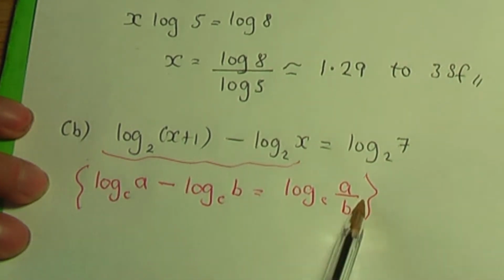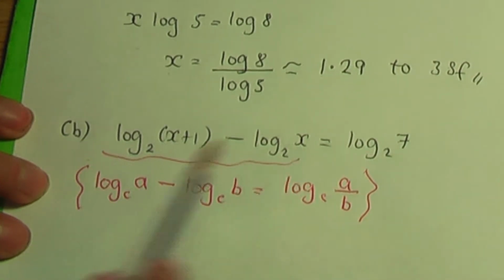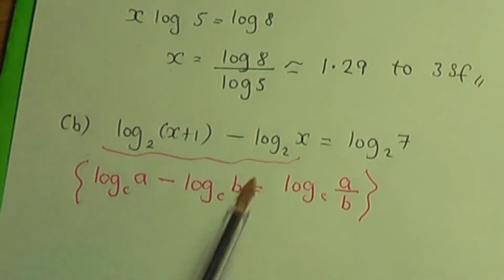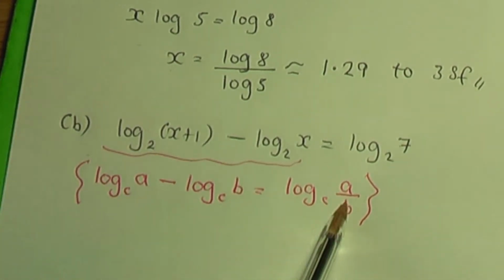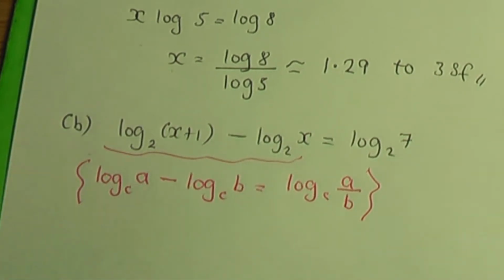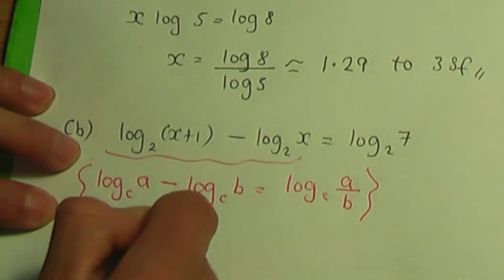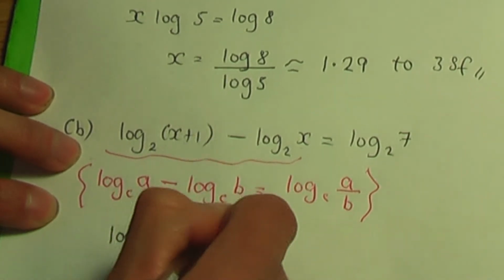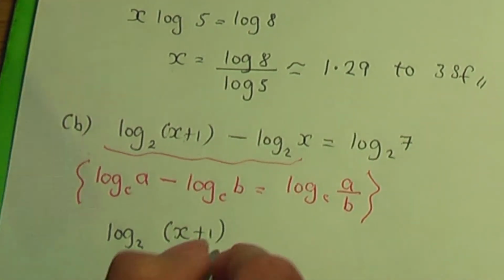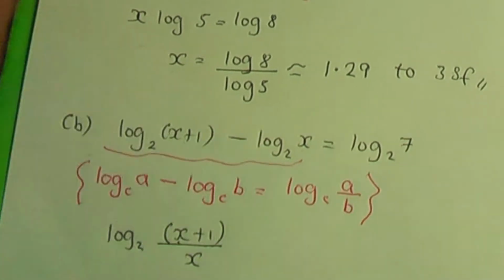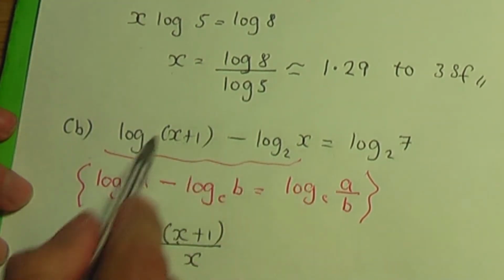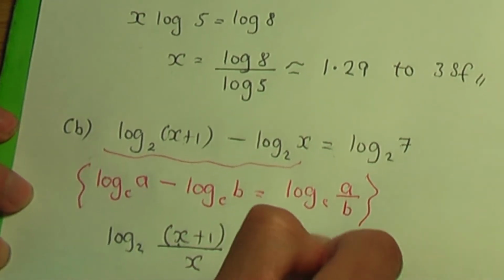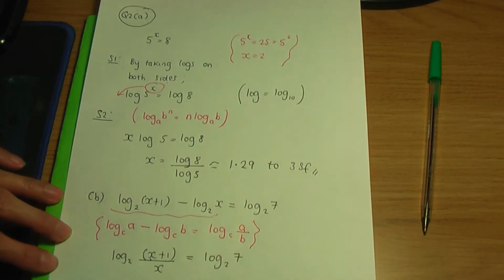So we can use this very law to rewrite the left hand term since the base terms are the same. So as a result of this law, let's rewrite the above as log to the base of 2 of x plus 1 divided by x. So we rewrote the left hand term using this law, and that in turn is equal to log of 7 to the base of 2.